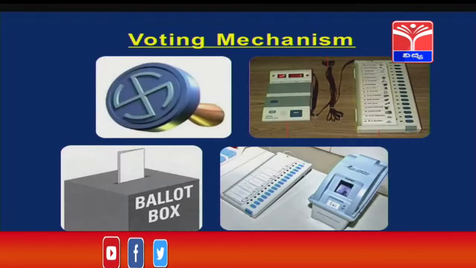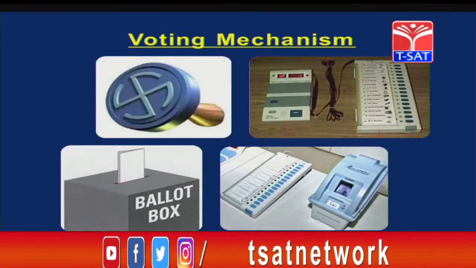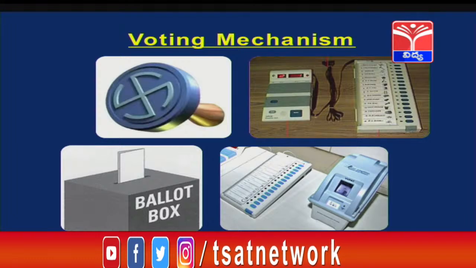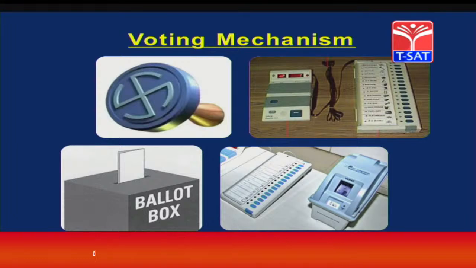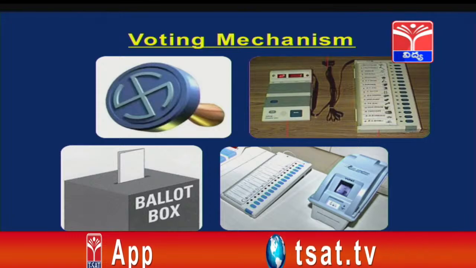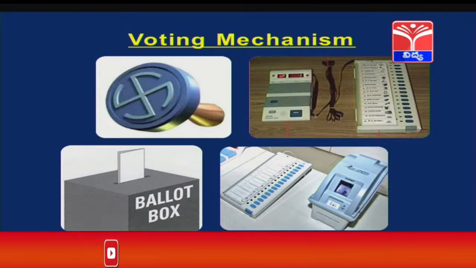See children, in this voting mechanism, previously the swastik mark stamp was used to be stamped on the ballot paper, and you can see the picture of the EVM, electronic voting machine, and the ballot papers will be dropped in the ballot box.